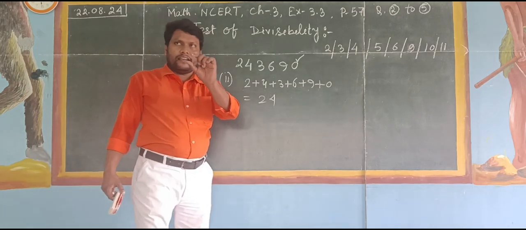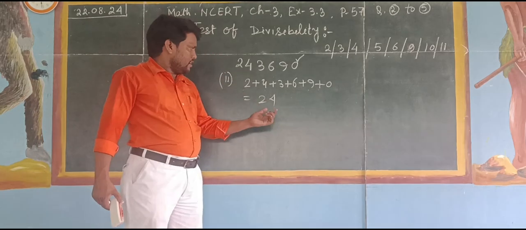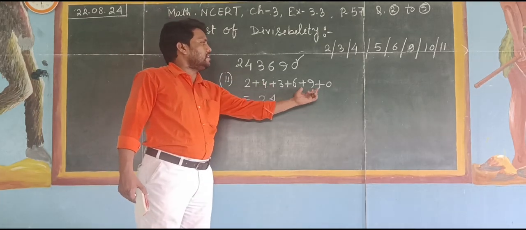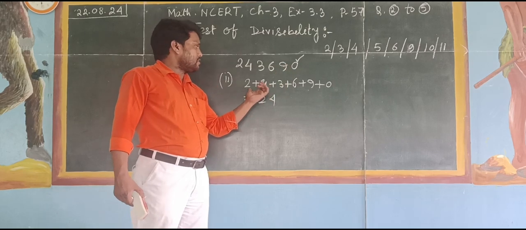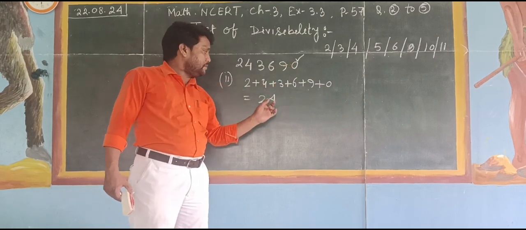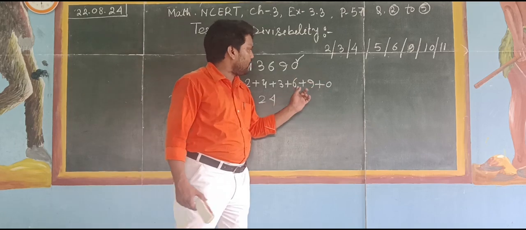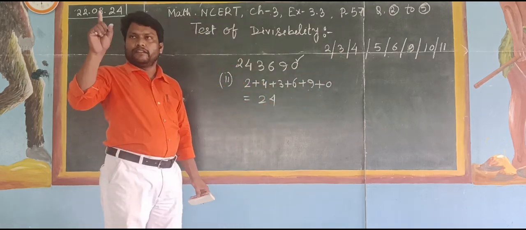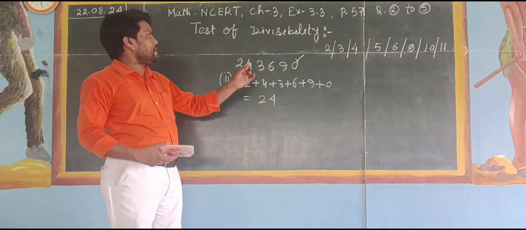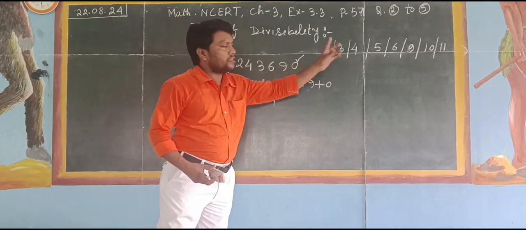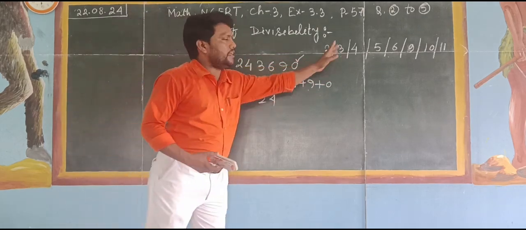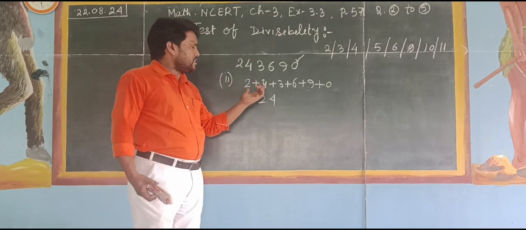What is the property? Keep it in your mind. If the sum of the digits of the number is divisible by 3, then the number will be divisible by 3. This is property number 2. That means test of divisibility by 3. So what is the process?